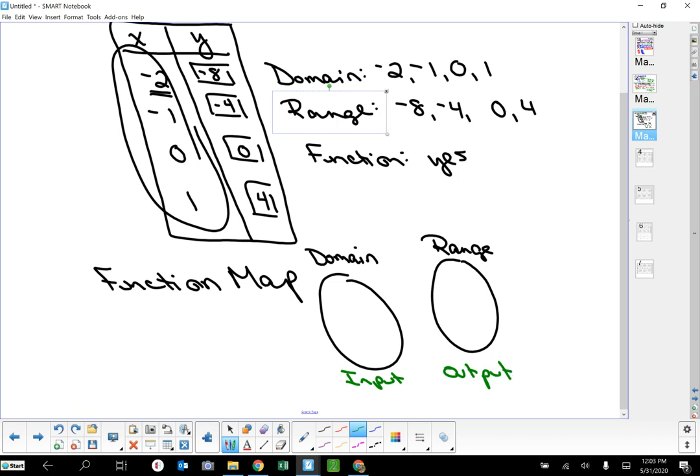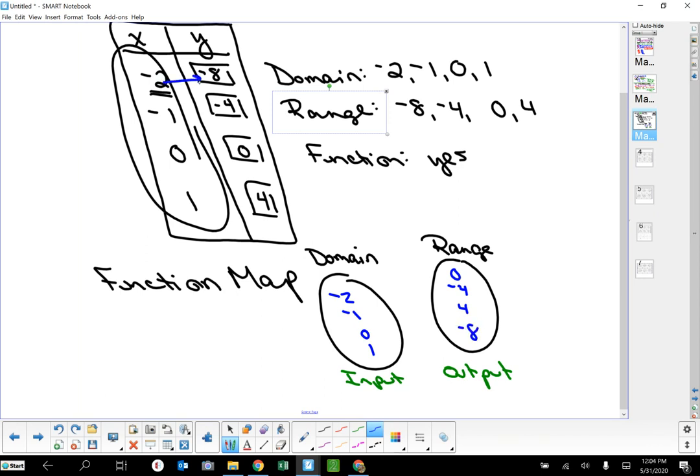And this is the way one of these little function maps would look. Inside, you would have your domain values. On the other side, you're going to have your range values. Let's go 0, -4, +4, -8. And then they just get matched up with a line.